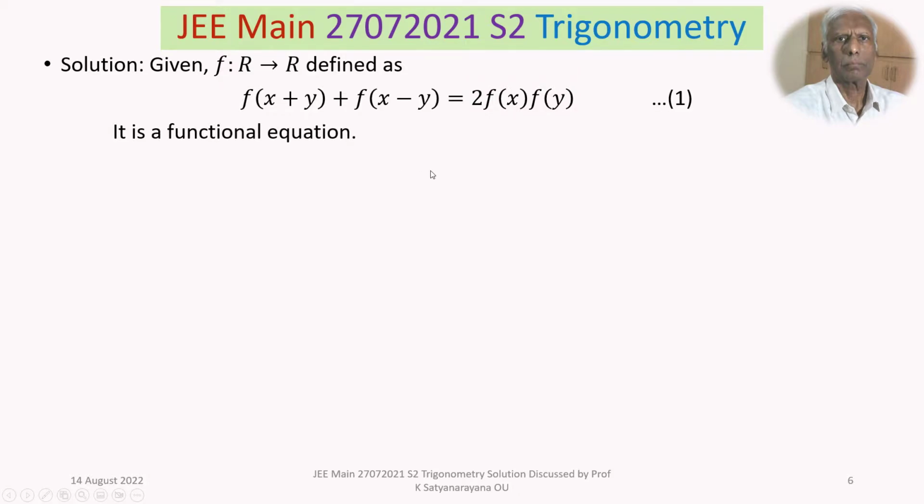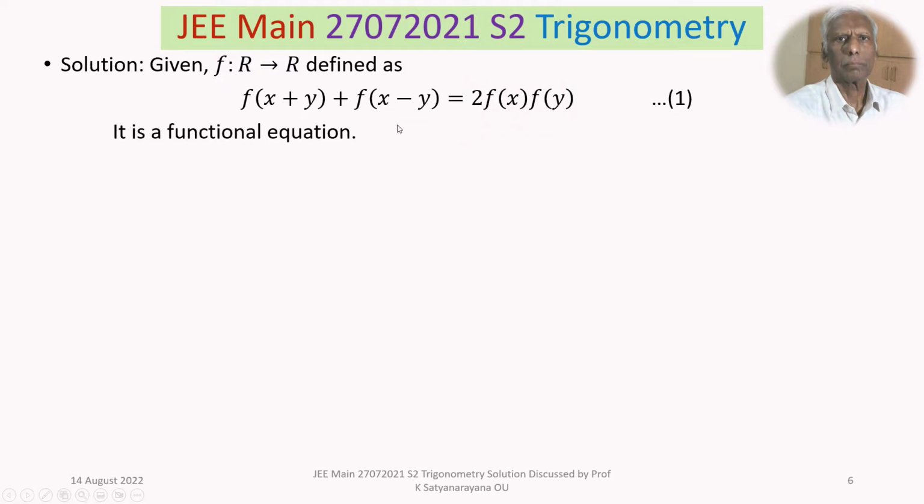Now by looking at this equation, what I recall is the cos function: cos of x plus y plus cos of x minus y, when added, you get 2 times cos x cos y. So that gives me a lead.